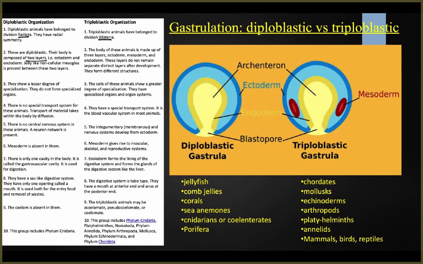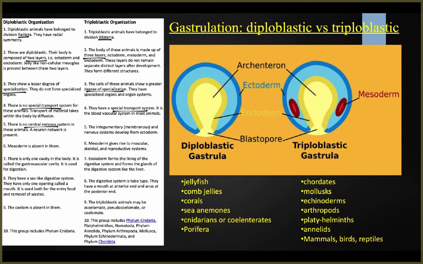If it's diploblastic, remember it's 2. If it's triploblastic, it's 3. Their cells aren't as specialized as triploblastic. There's no special transport system in diploblastic, and there is in triploblastic.